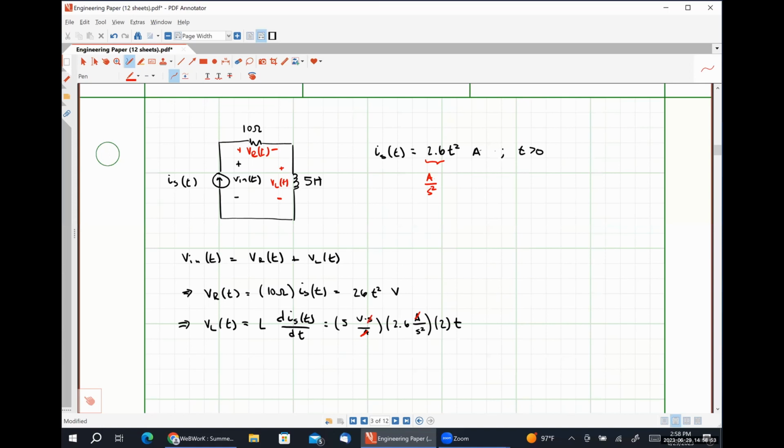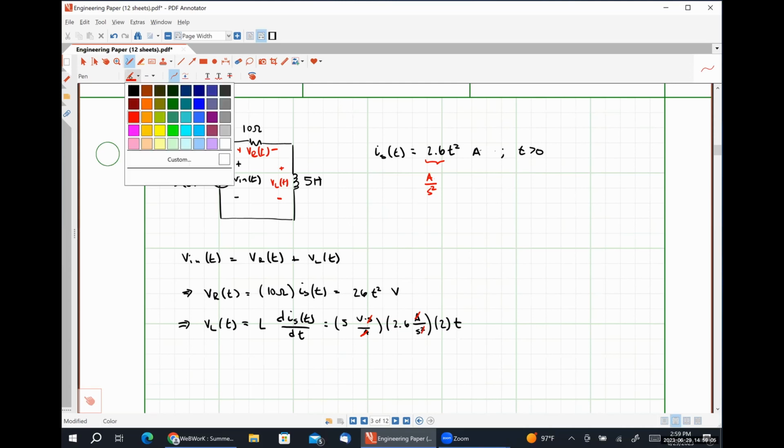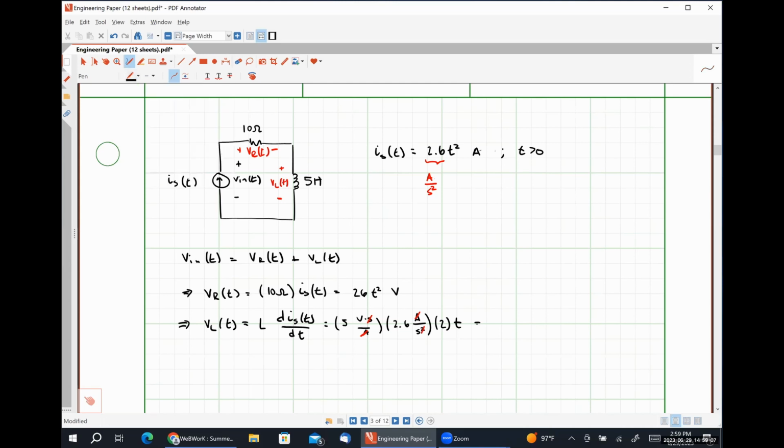This second up here cancels one of these here. So I'm left with 5 times 2 is 10 times 2.6 is 26 volts per second times time. So this is just going to be 26 t volts.